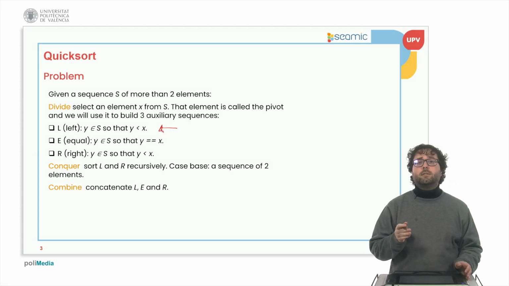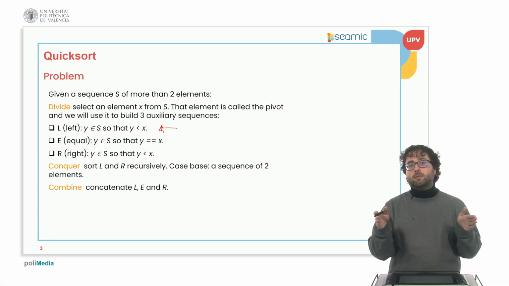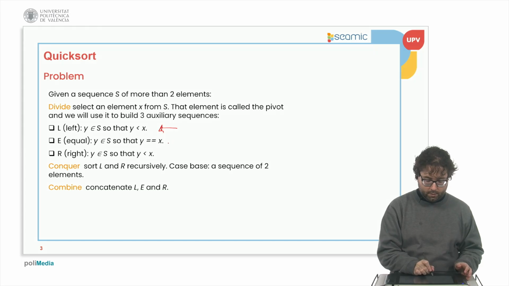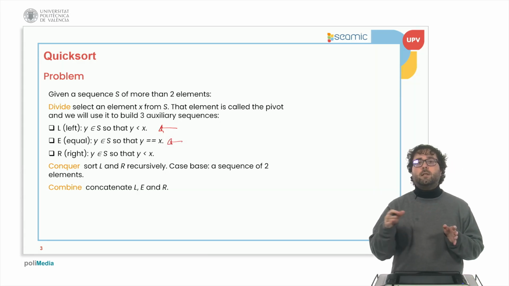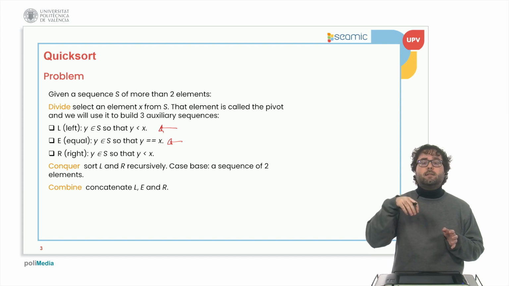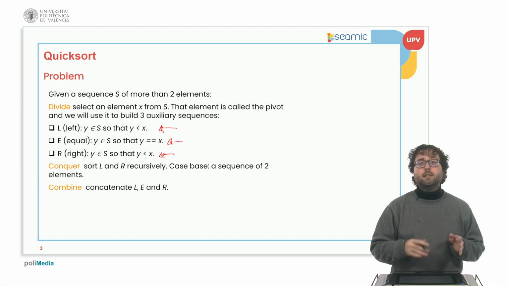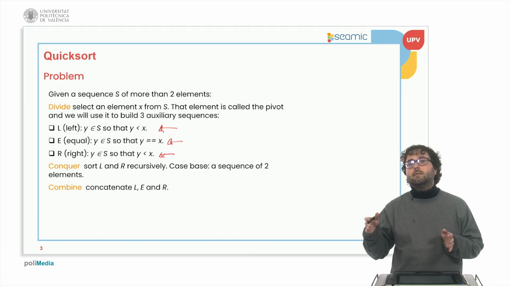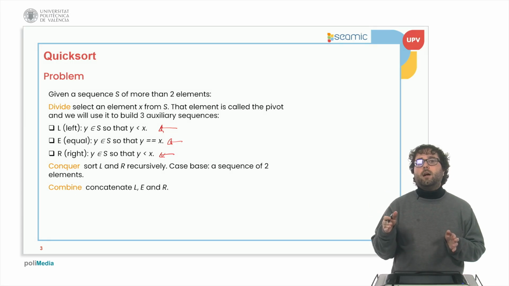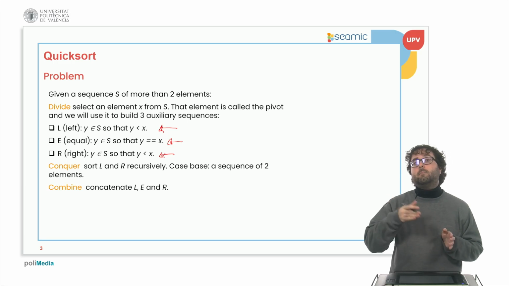The first sequence, which is the left sequence, will contain all the values from the sequence which are smaller than our pivot. Then we have a second sequence with all those numbers that are of the exact same value as our pivot. And finally, as you can imagine, our right sequence will have all the values that are bigger than the pivot.